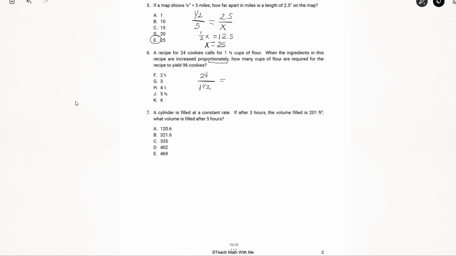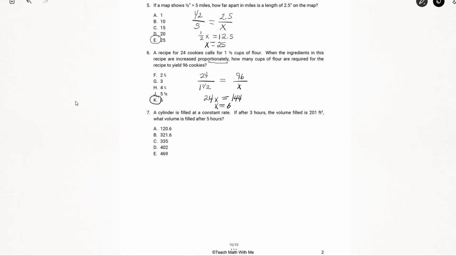We want to yield 96 cookies, so how many cups of flour do we need? That's our unknown. Cross multiplying, we get 24x equals 96 times 1.5, which equals 144. Solving for x, we divide through by 24 and get 6. So that is answer choice K. We'll use 6 cups of flour to yield 96 cookies.